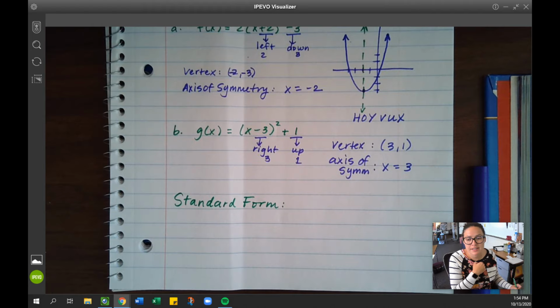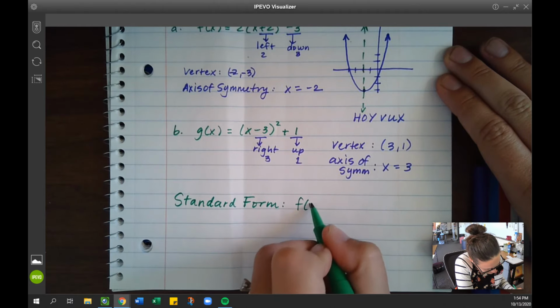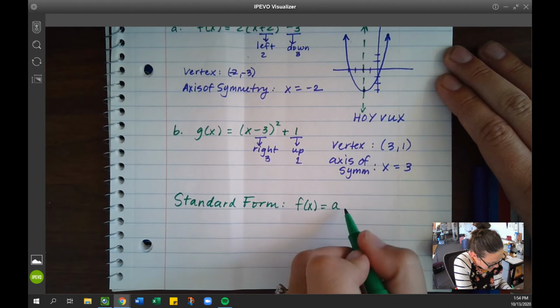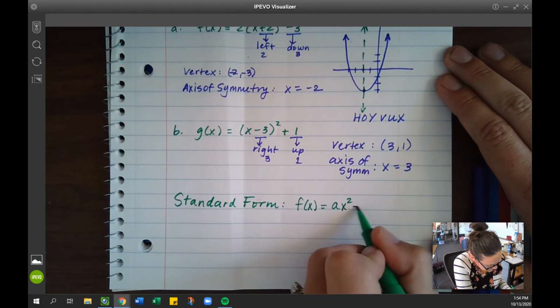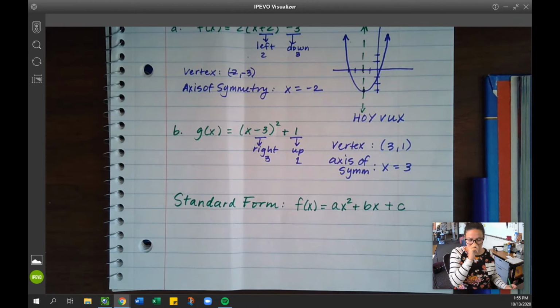And we've already seen this a little bit with our factoring practice this week. So this is what it looks like. F of x equals ax squared plus bx plus c.